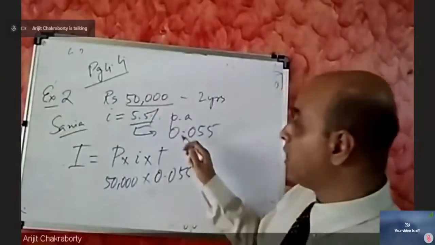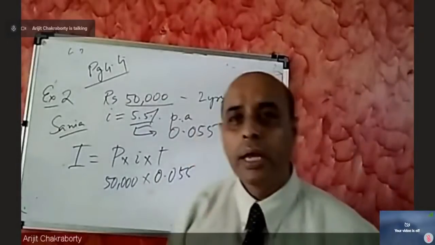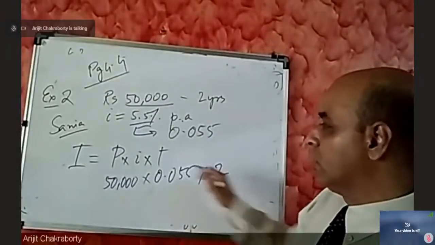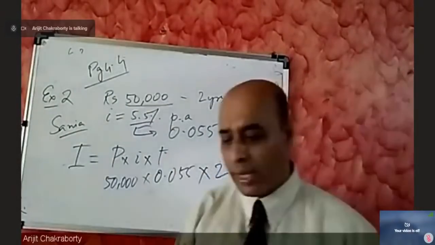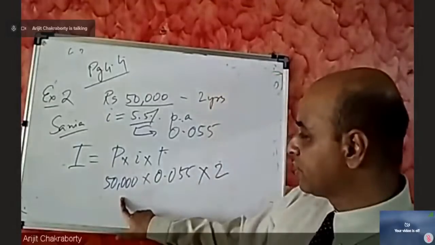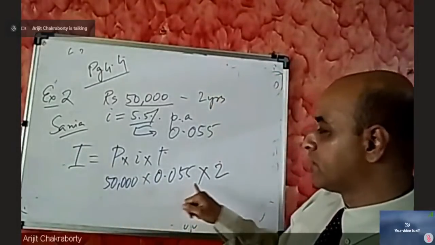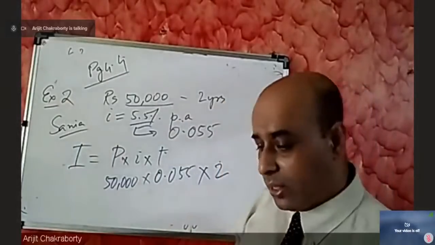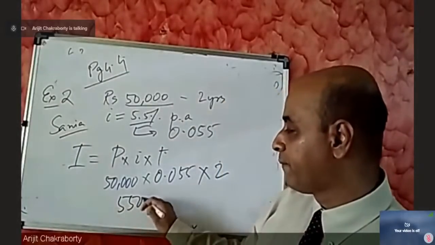But this is per annum, and we have 2 years. The money is invested for 2 years, so into 2. So time is 2. If you work out 50,000 into 0.055 into 2, it comes to 5,500.